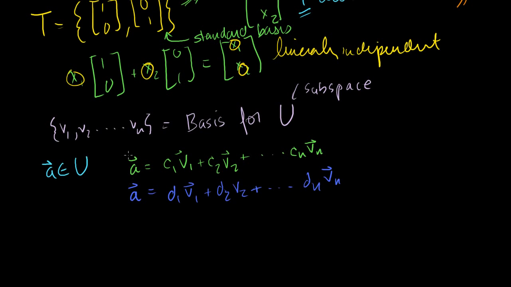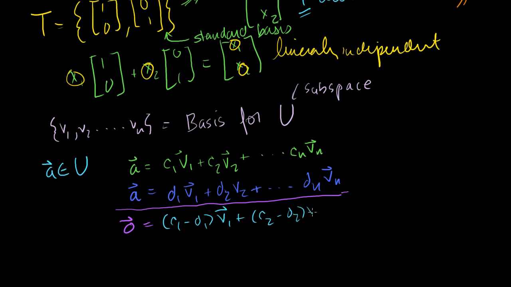Now, what happens if I subtract A from A? I'm going to get the 0 vector. Let me subtract these two things. If I subtract A from A, A minus A is clearly the 0 vector. And if I subtract this side from that side, what do we get? We get c1 minus d1 times v1 plus c2 minus d2 times v2 all the way to cn minus dn times vn.